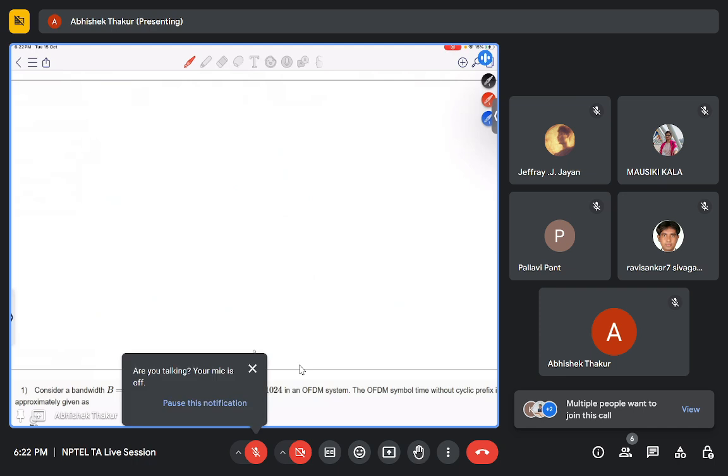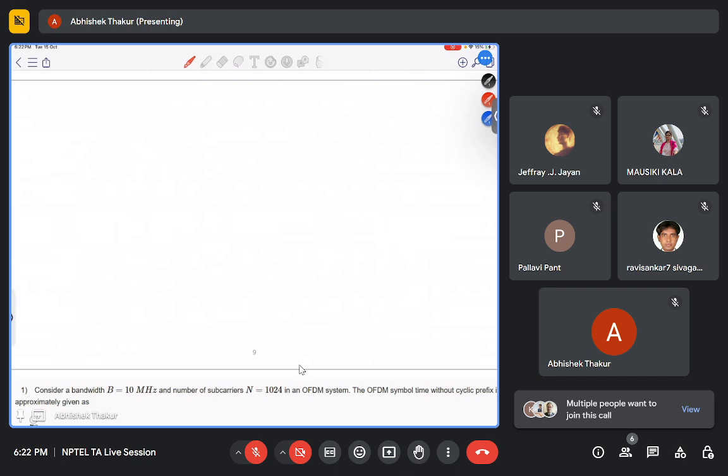Now we will see the concept of optimal MIMO capacity. So capacity is basically given as log 2 of 1 plus SNR.